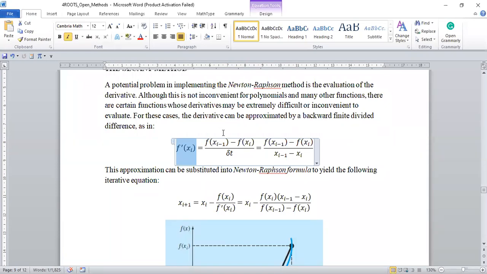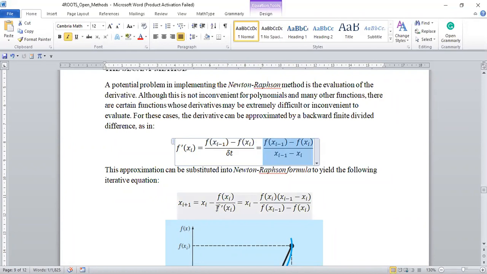But in the secant method, you are approximating the first derivative using the backward difference. That means you don't have to calculate the first derivative like you are doing in the Newton-Raphson method.